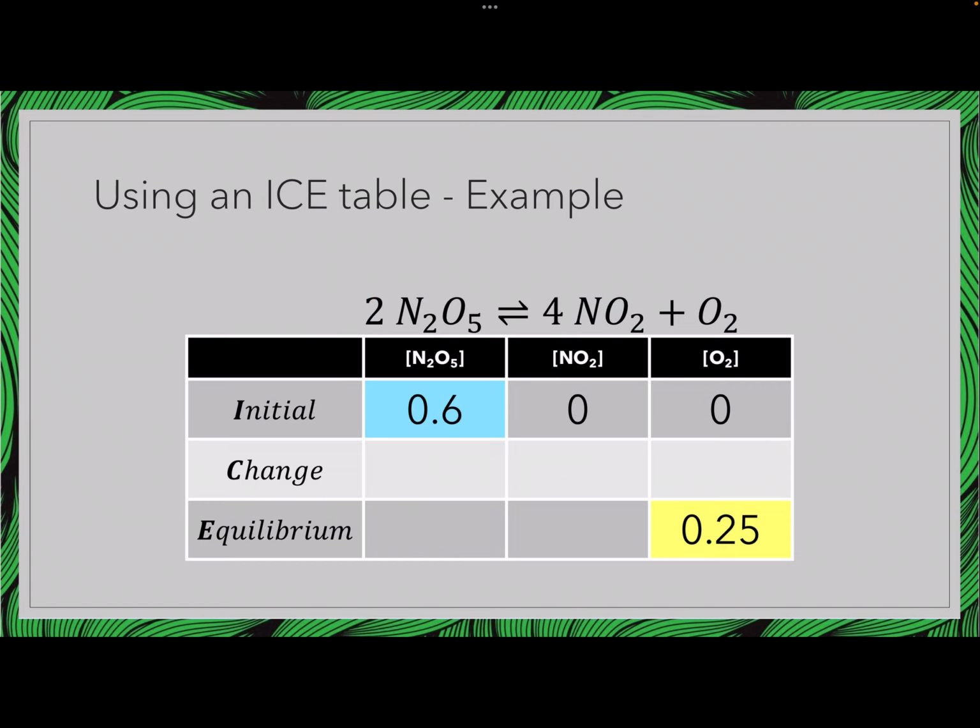How much is it going to be going down by? Well, the stoichiometric ratio is 2, so it'll be going down by 0.5. And then we get those concentrations at equilibrium. So we get 0.6 take away 0.5 gives us 0.1. 0 plus 1 gives us 1. And 0 plus 0.25 gives us 0.25.